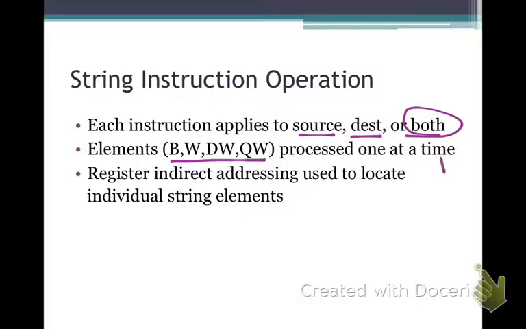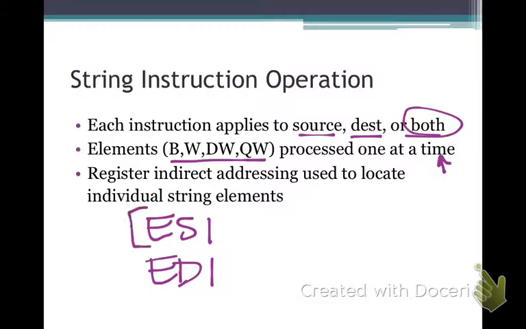After it processes the first one, the instruction will get ready for the next one. Register indirect addressing is used to locate the individual elements, so ESI is typically used for the source string and EDI is used for the destination string. When we set up a source and destination string, we'll make sure to move the addresses into ESI and EDI and use those two as pointers.